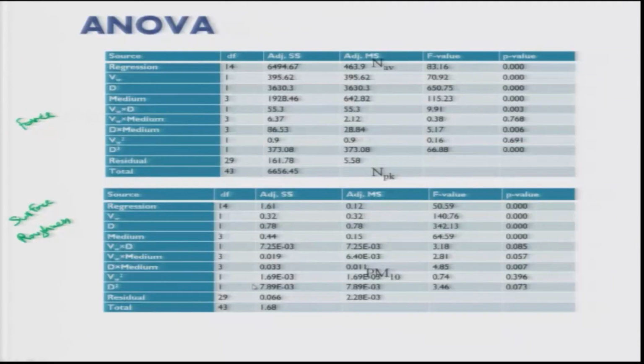So, this is analysis of variance for force. In the analysis of variance, it is the F value that decides the dominant variable here.